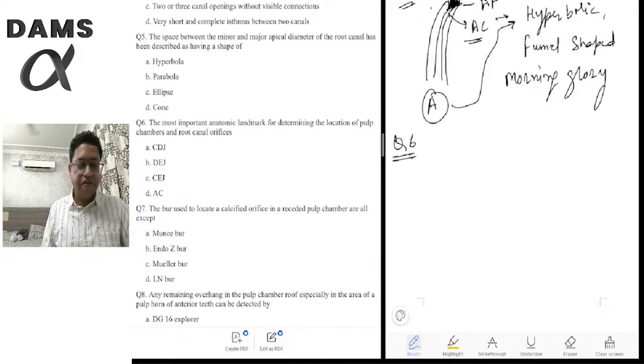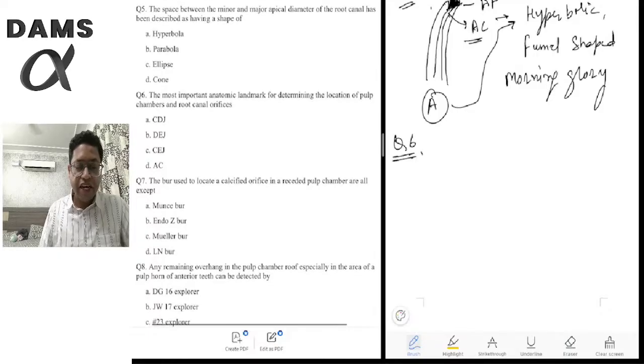Coming over to question number 6. The most important anatomic landmark for determining the location of pulp chambers and root canal orifice is: CDJ, DEJ, CEJ, or AC, that is apical constriction.